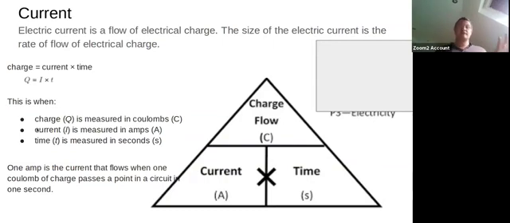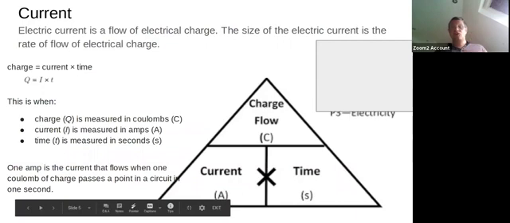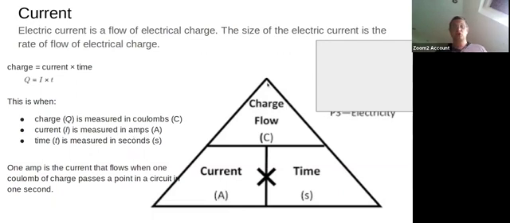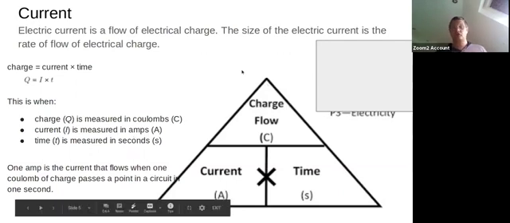Current, the letter we use for the equations for current is an I, and that's measured in amps, and the letter we use for the short for amps is A. So that's just a reminder that this summed up here. And here's a triangle. Now, just to remind you how these work, the way I like to, first I'll talk about how to use them, and then I'll talk about how to build them.